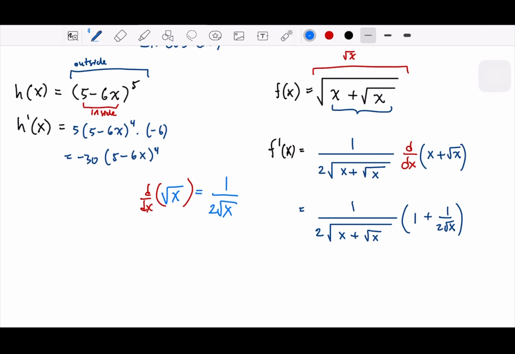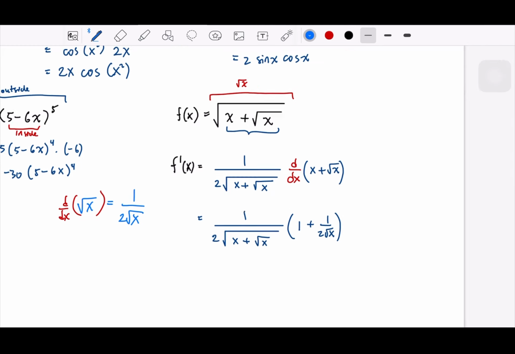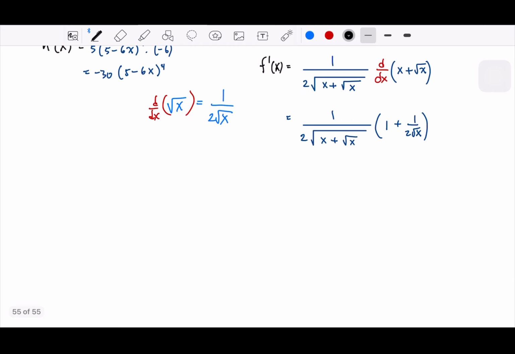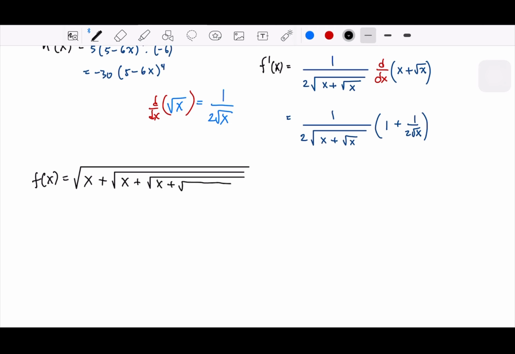Maybe a question you can think about after the class. How about if we have, let's say, x plus x plus, and so on, going infinitely. It seems really long, impossible.